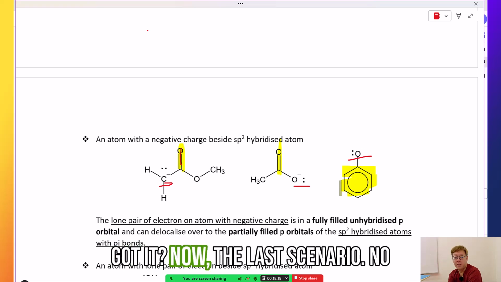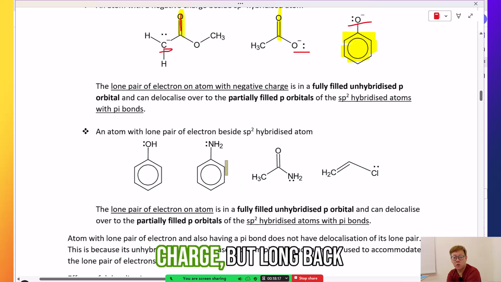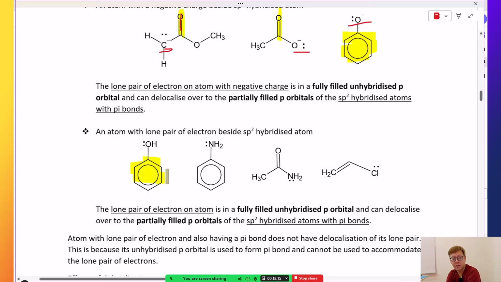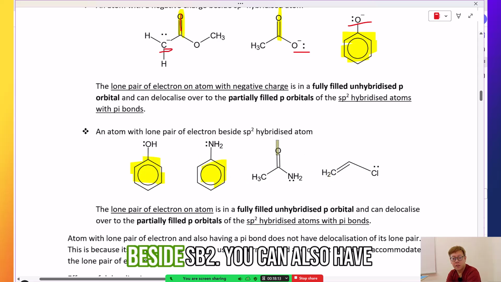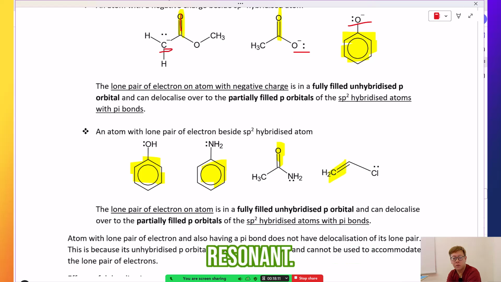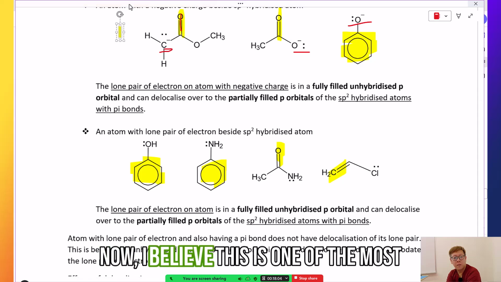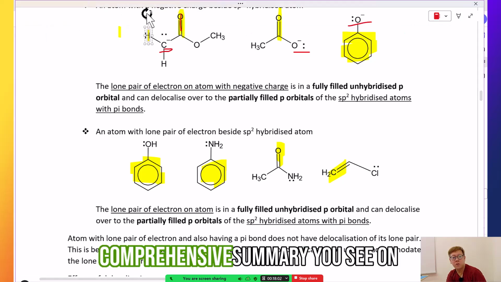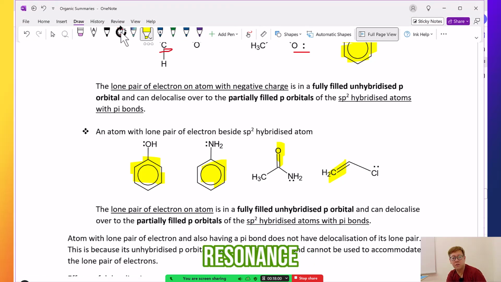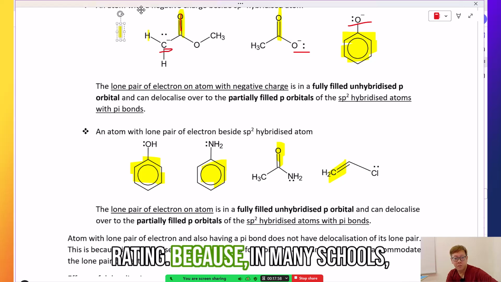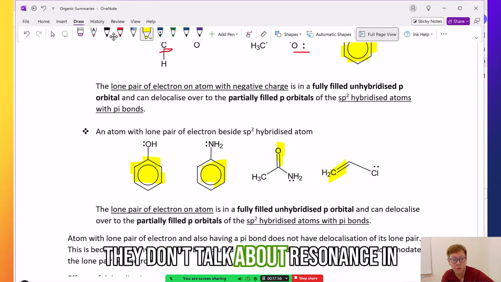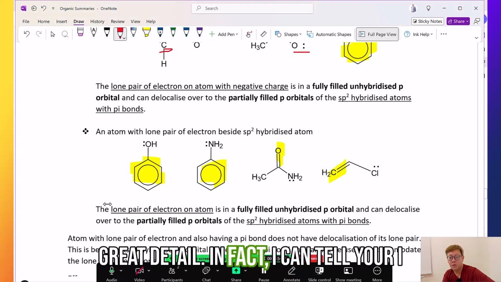Got it? Now the last scenario, no charge but a lone pair beside sp2. You can also have resonance. Now I believe this is one of the most comprehensive summaries you will see on resonance, because in many schools they don't talk about resonance in great detail.